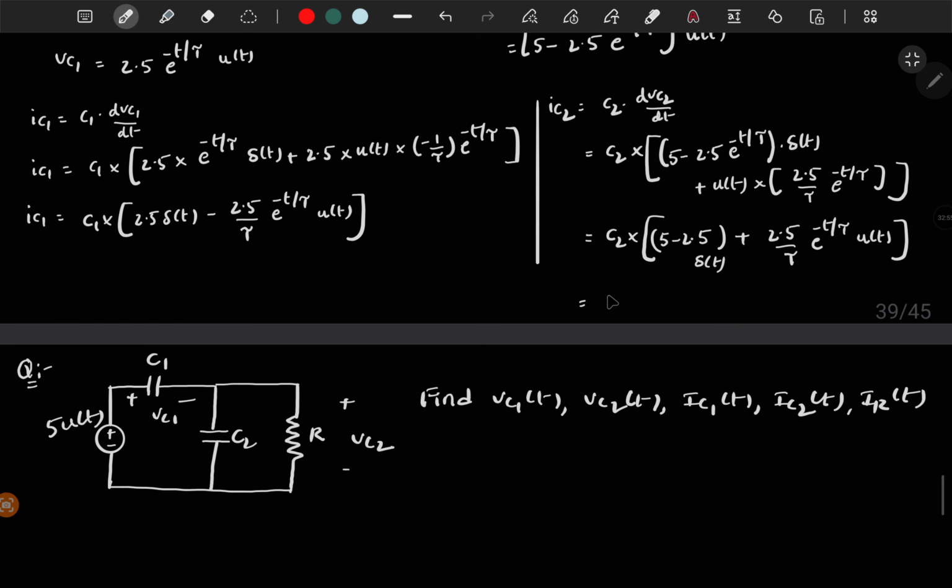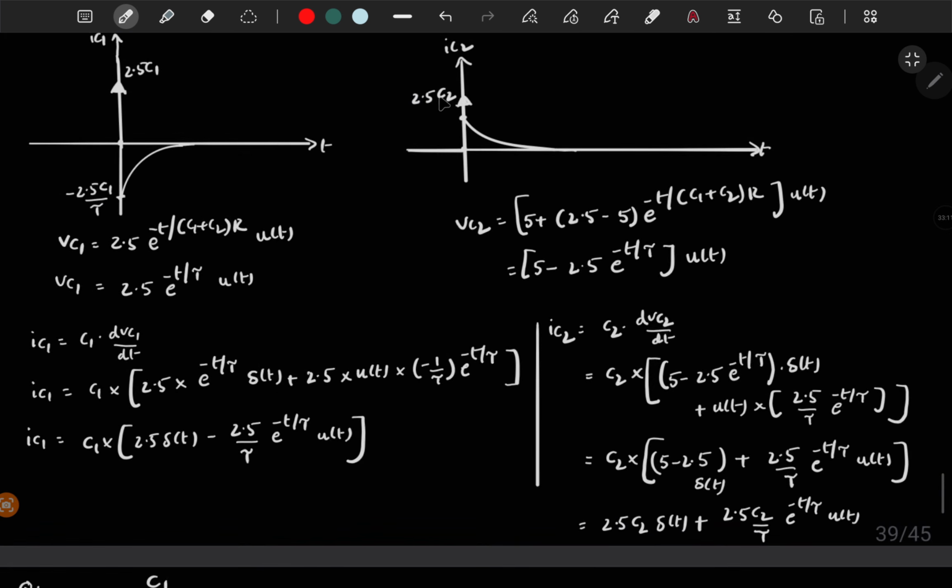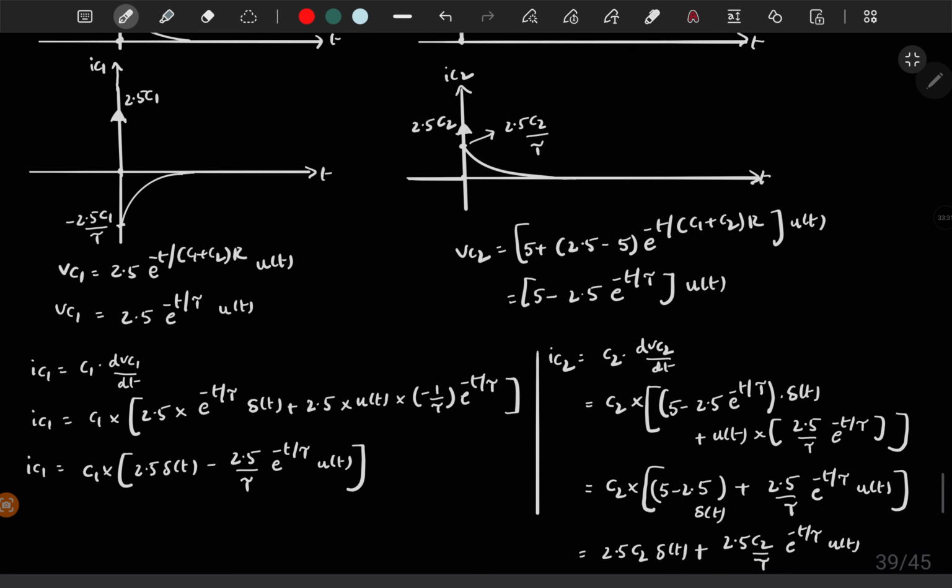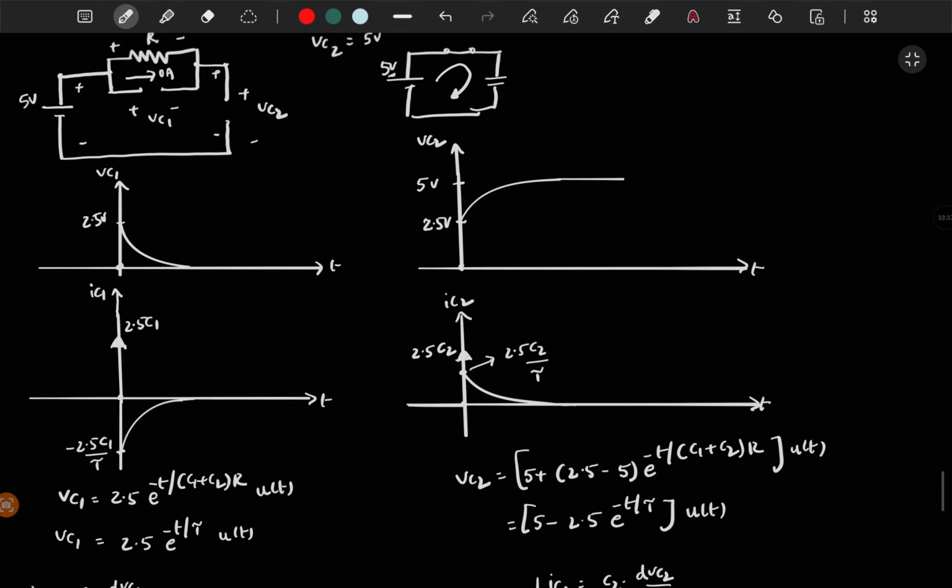So you will get 2.5 C2 times del of t plus 2.5 C2 by tau e power minus t by tau u of t. So you have an impulse function at t equal to 0, which is 2.5 times C2 in magnitude, which we have already got. And this magnitude is 2.5 C2 by the time constant tau. So this is how you can find the expressions. And if you don't want to find the expressions, intuitively this is how you can draw the voltage and current through the capacitors.